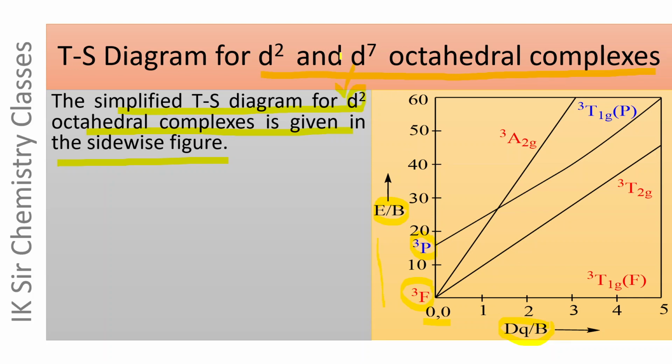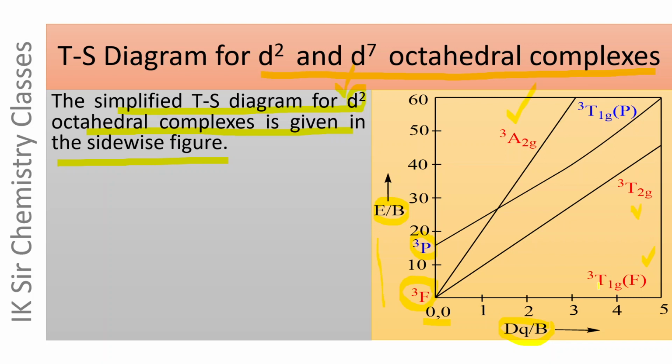When D2 transition metal ion forms an octahedral complex, triplet F state splits up into three states: triplet T1G, triplet T2G and triplet A2G.